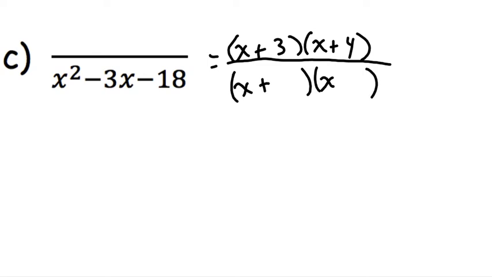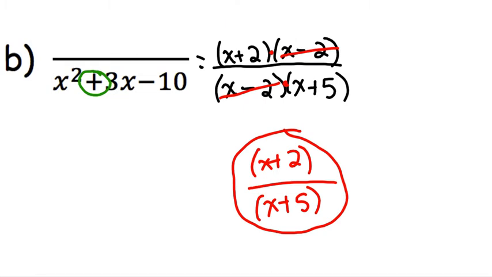So one of these has to be a positive 3. And now it basically just does the problem for you because then you say, okay, well 3 times what gives me negative 18? Or more importantly, what is negative 18 divided by 3? Well, that's a negative 6. Okay? So if you can recognize that something has to cancel, look and see which factor divides into this evenly.